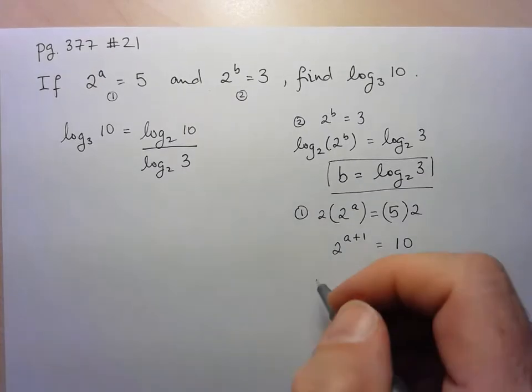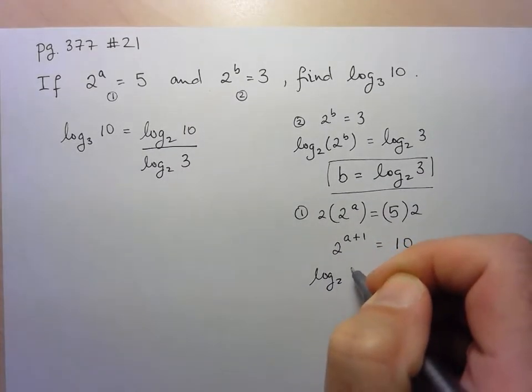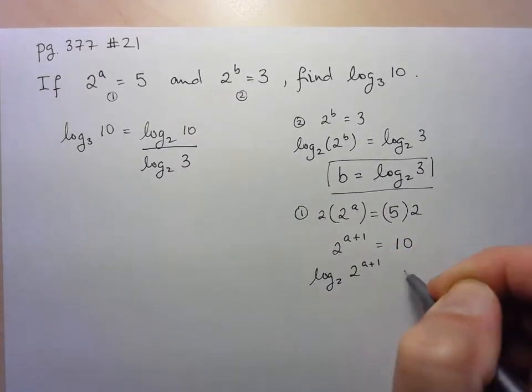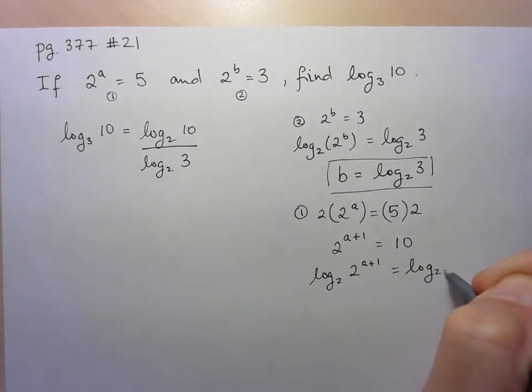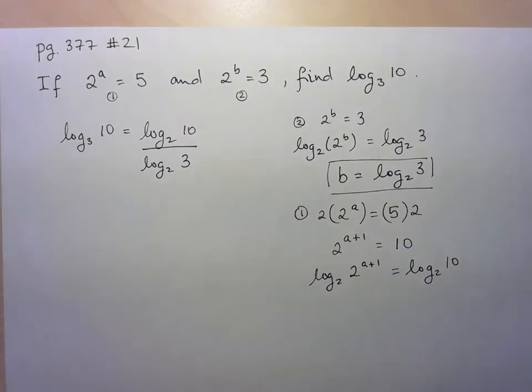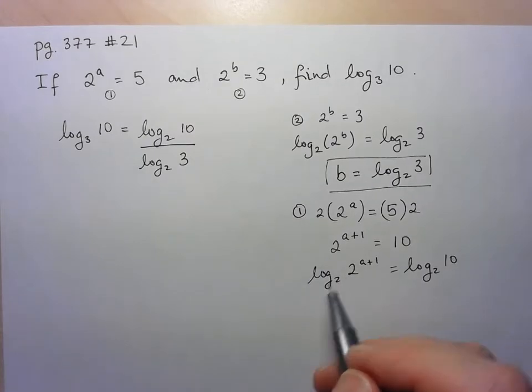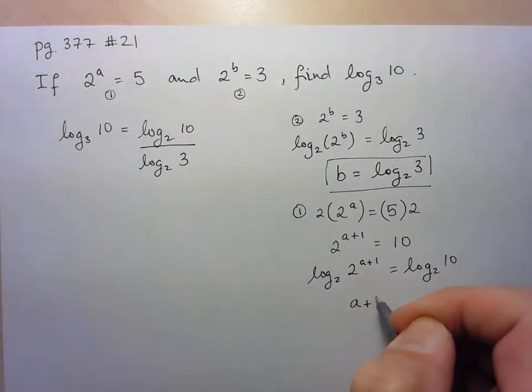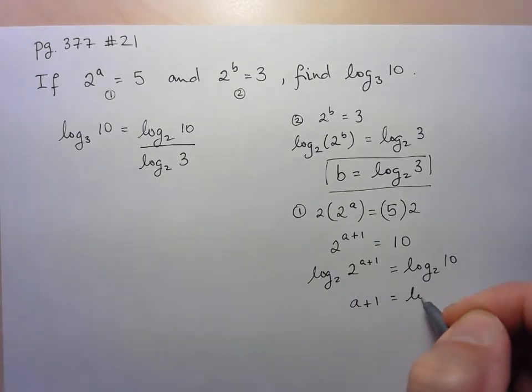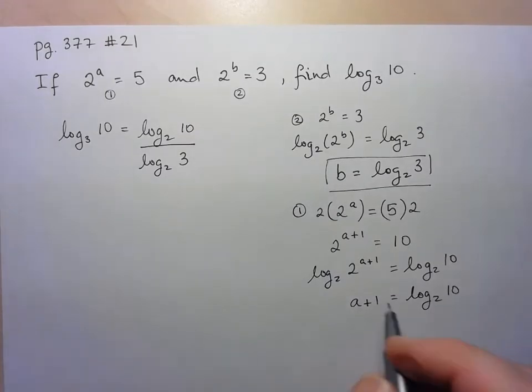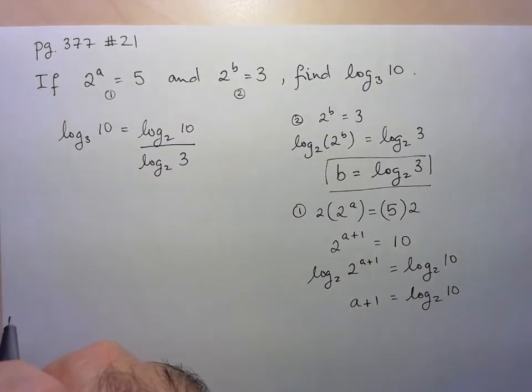Now I'm going to take log base 2 of both sides. I have something that's going to be very helpful. Again, they're inverses of each other, so I'm just left with a plus 1, and that's equal to log base 2 of 10, which is exactly the numerator that I need to rewrite.